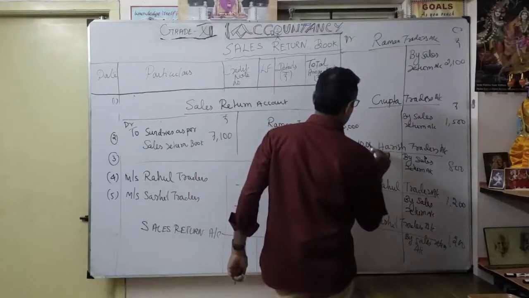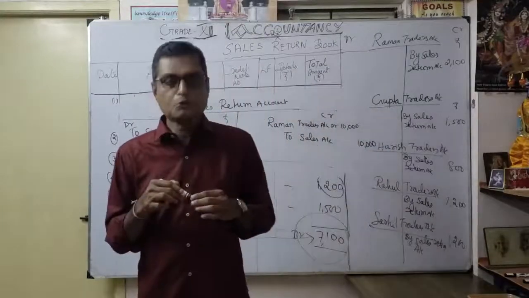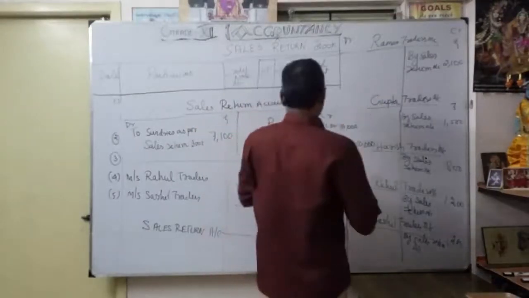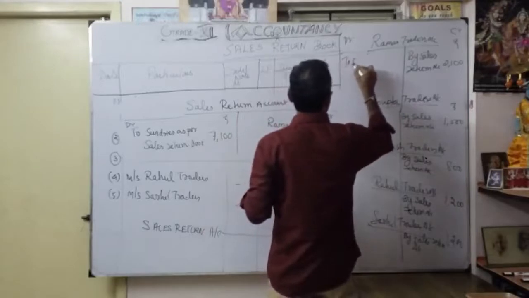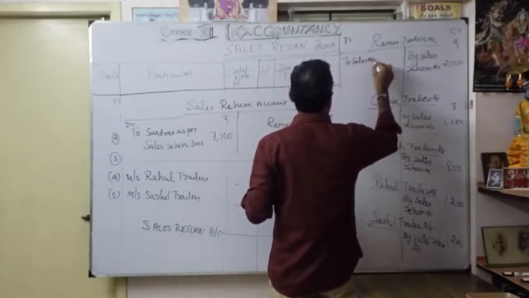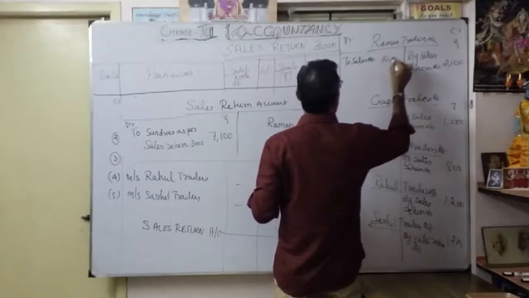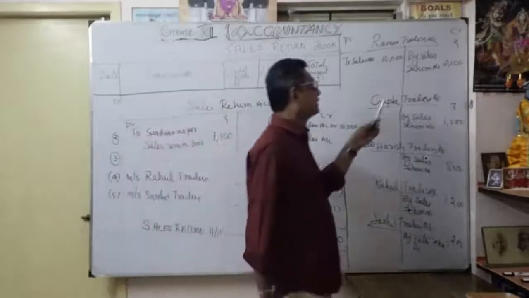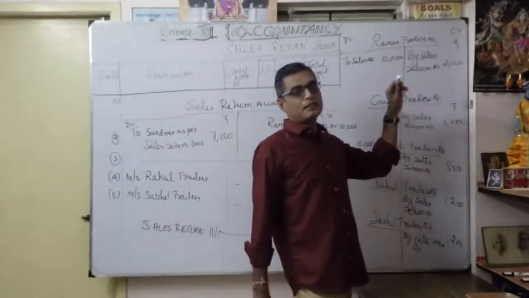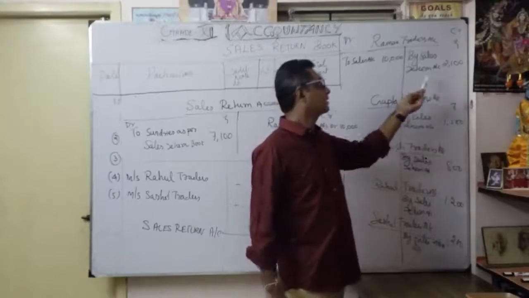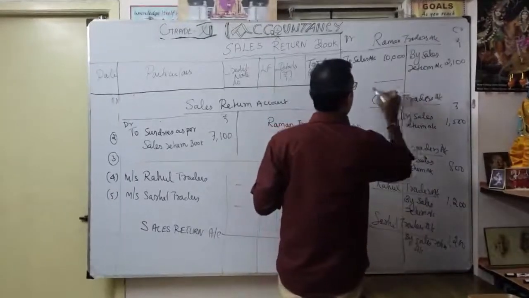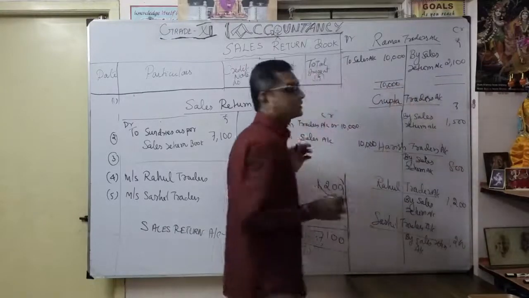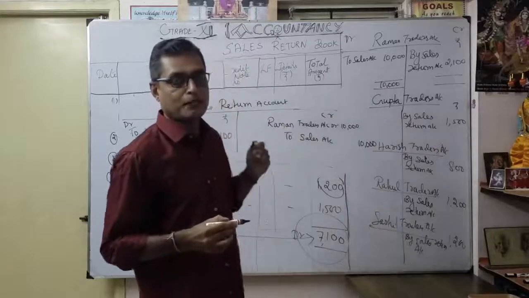So this is what I did in my sales some days before, and I am going to enter it now. How to enter? Simple. In the Raman Traders account I am going to write: To sales account, 10,000. Then in between, Raman Traders returned some goods, so you want to record it now by the sales return book. Only then do you know the balance at the end of the month, the exact amount Raman Traders has to pay us.